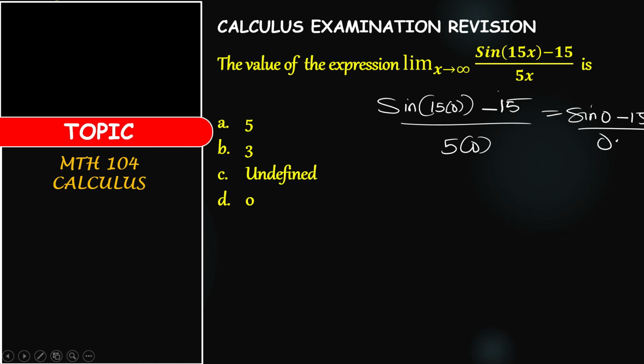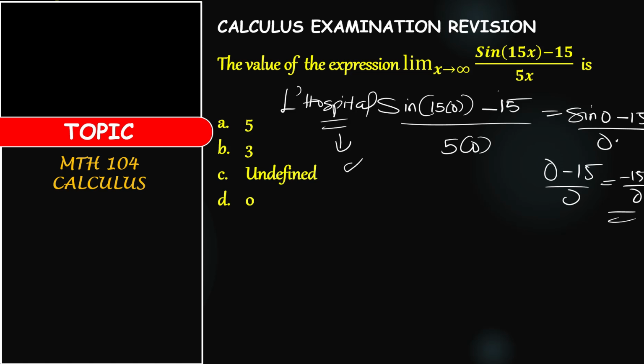Now, at the end of the day, sine 0 is going to give us 0. So here will be 0 minus 15 divided by 0, which is minus 15 divided by 0. Now, L'Hospital's rule says that for you to use this rule, it must be infinity over infinity, or it must give you 0 over 0, of which this is not satisfied here.